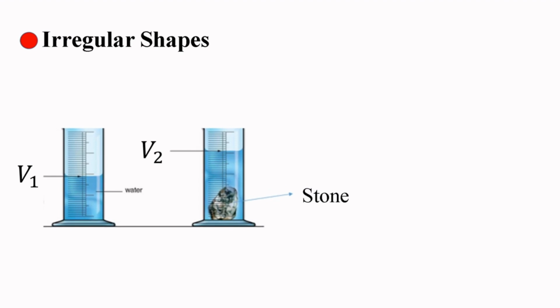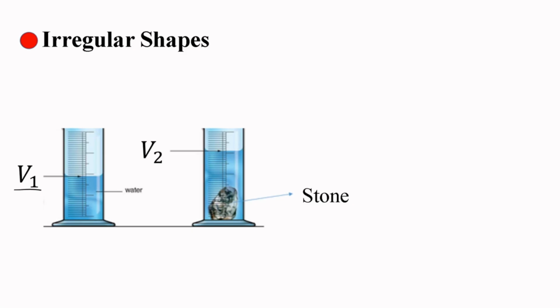The last object that we are going to learn how to calculate the volume of is an irregular solid shape. Look, assume that we have a measuring cylinder here and we have a volume of water inside it, and it is V1, and we have a stone, as you can see here. We are going to drop the stone carefully into the measuring cylinder, and the level of water is going to increase.